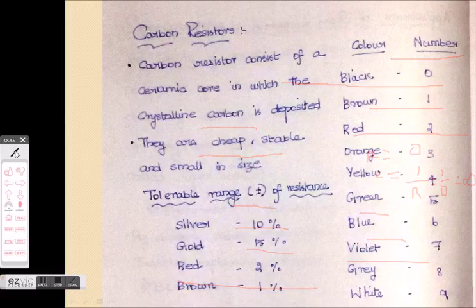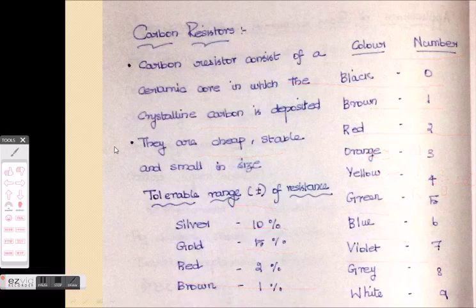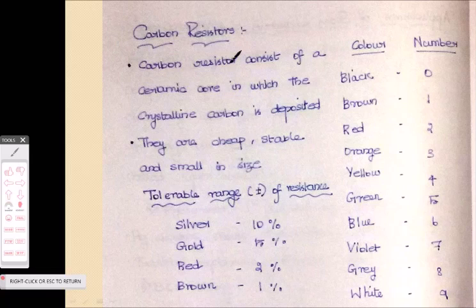Then carbon resistors. The application of superconductors will be dealt in a separate video. Application of all the concepts and all the things in the physics will be separately dealt in a separate video. Carbon resistors consist of a ceramic core in which crystalline carbon is deposited.